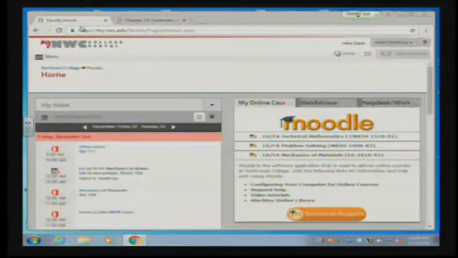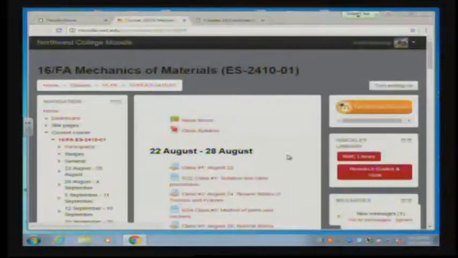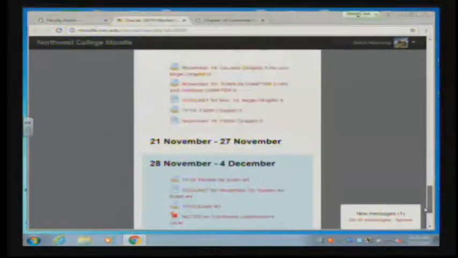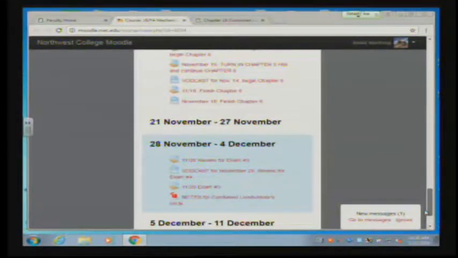So as we take a look at our Moodle page, the material that we're going to be covering on combined loads is not available in your textbook. It is there, but it's in a less usable form. So on Moodle, I would like you to go down here in the week of November 28th through December 4th.